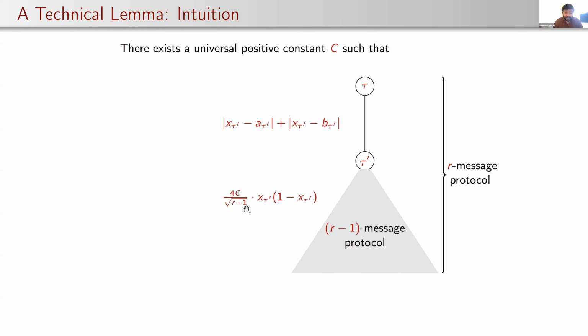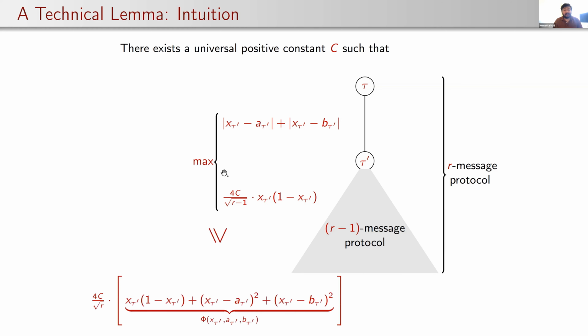I want to emphasize that the denominator here is square root of R-1, representing that R-1 messages remain in this protocol subsequent to realizing the partial transcript tau prime. At this point, an adversary can choose one of these two attacks depending on whichever is larger.